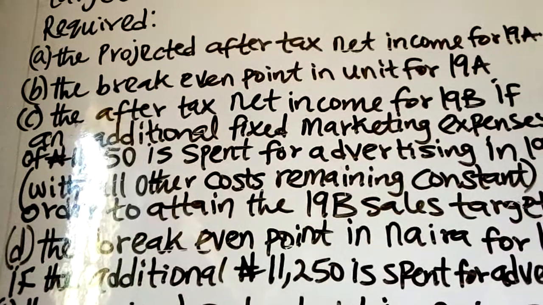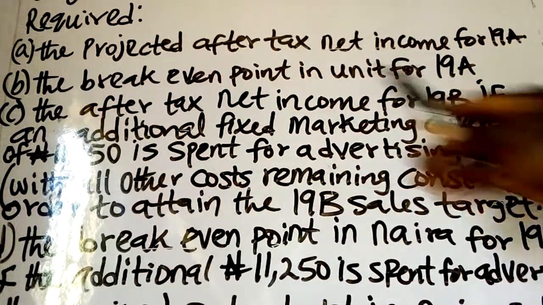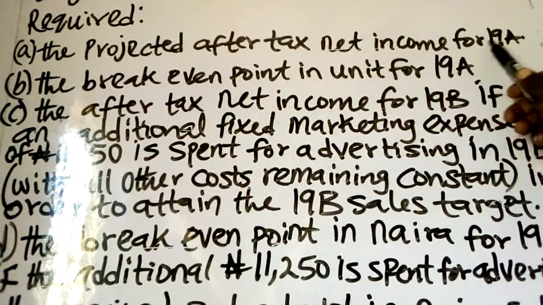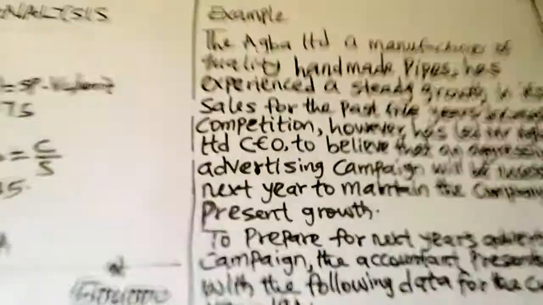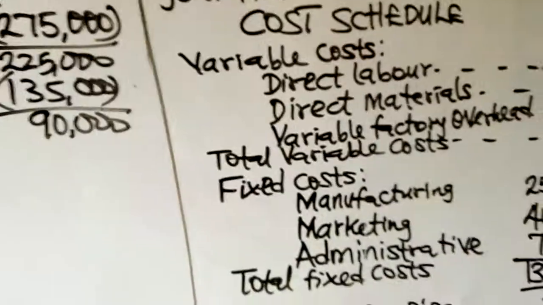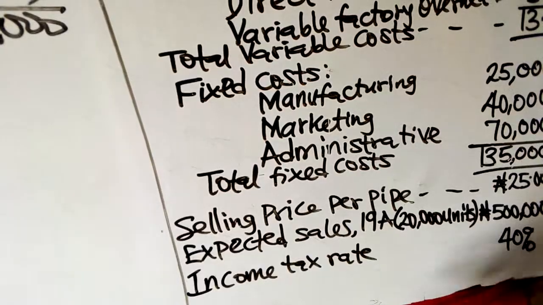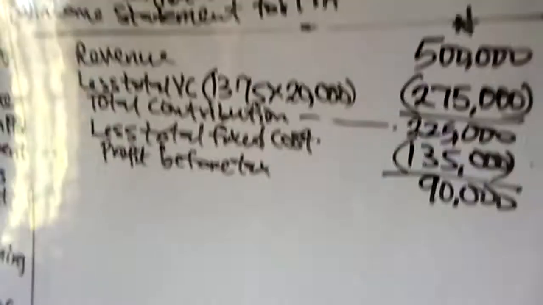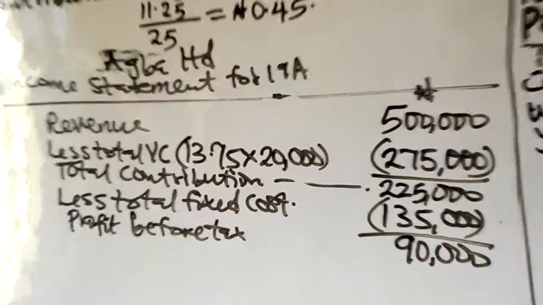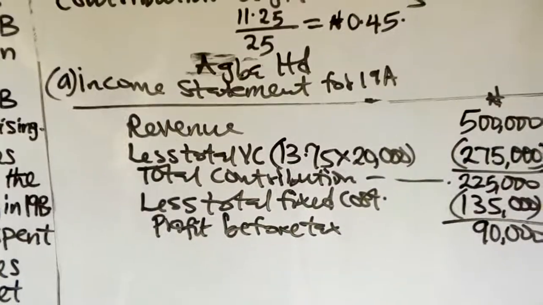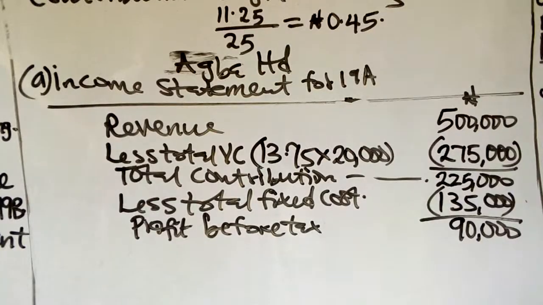And you are given the tax rate. The income tax rate is 40%. So that means you will need to calculate the amount of tax payable for 19A.